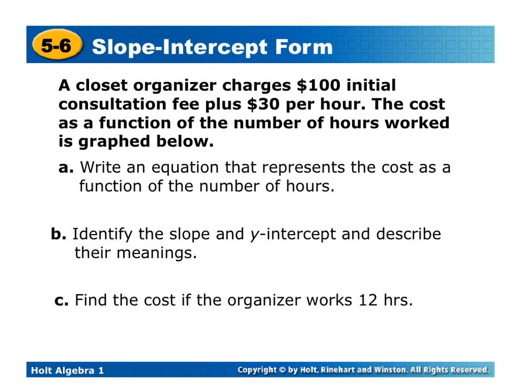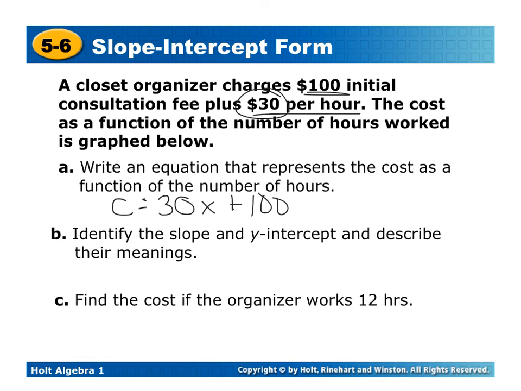So if we take that information, we can actually write an equation to represent the cost as a function of the number of hours. So here, our cost is equal to, well, since it's $30 per hour, that 30 is our rate of change or our slope. So it's going to be 30x plus the initial fee, or our y-intercept, which was 100.